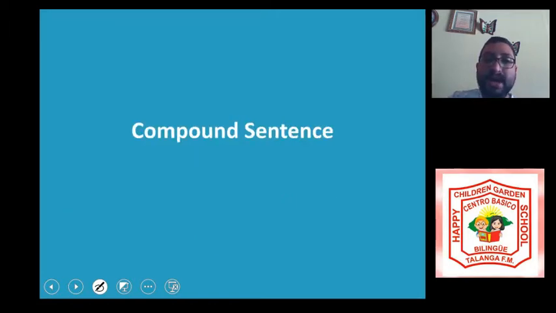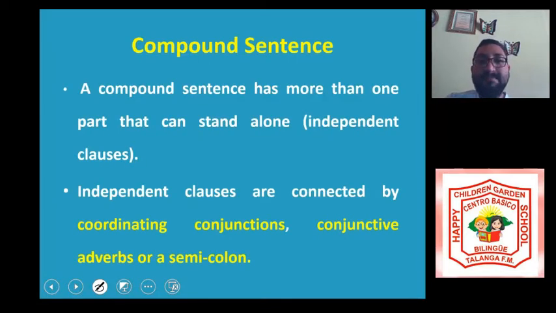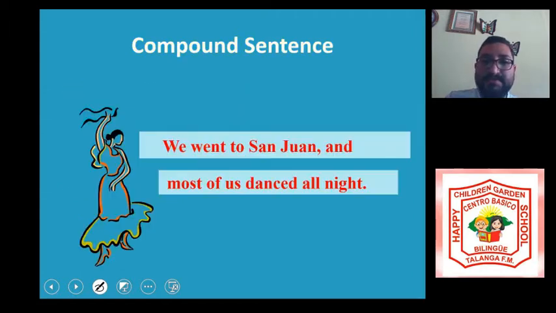Now, the compound sentence. A compound sentence has more than one part that can stand alone, an independent clause. It's like when we put two sentences together and they are joined by coordinating conjunctions, conjunctive adverbs, or semicolons.